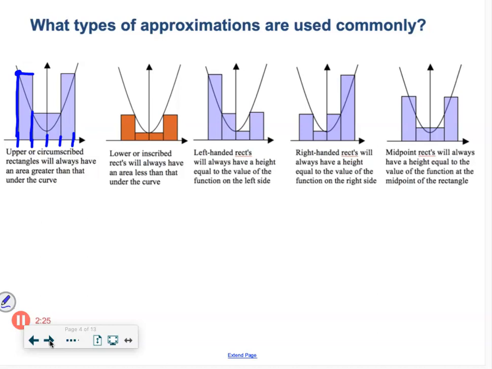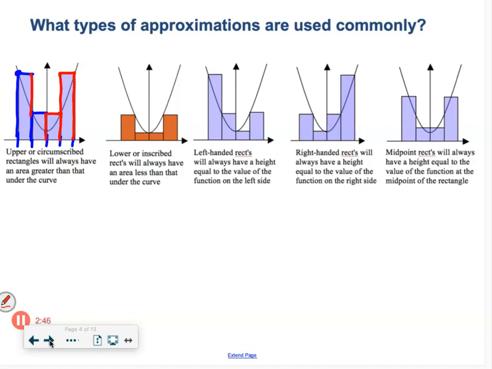So again, this rectangle has a side here and a side here. The side that's higher is this one, so that determines the height of the rectangle.